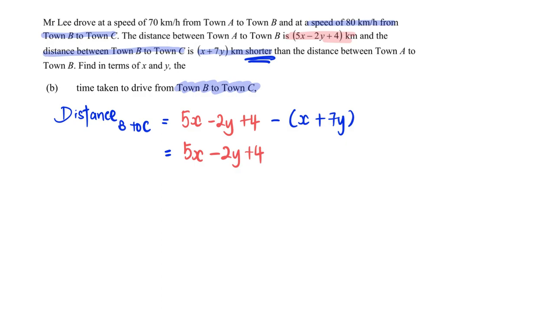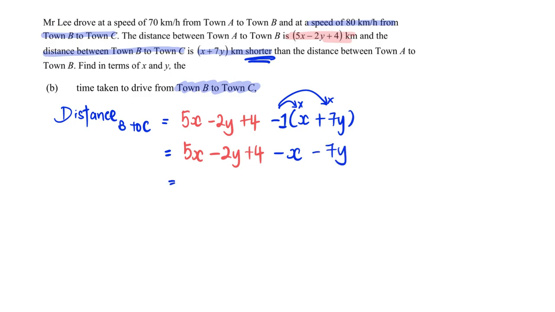Do take note, if there's no number in front of the minus, we are actually minusing one bracket. And we are going to simplify it. Negative 1 times x is negative 1x. Negative 1 times 7y, negative times positive is negative.